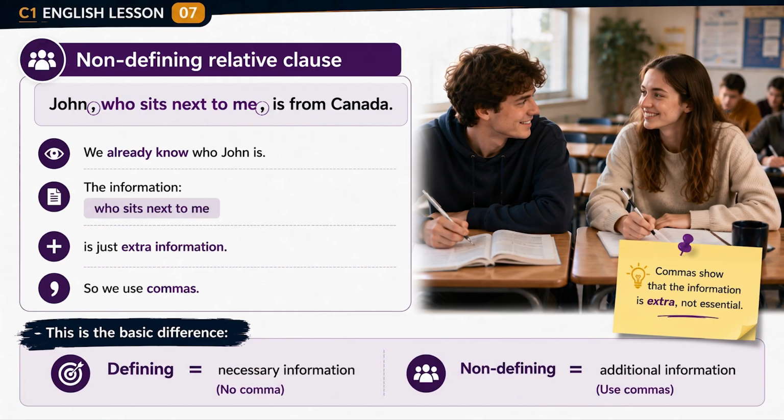You don't necessarily need to mention that relative clause here, because you're talking about a person whom you and your friend or your listener already know. The information "who sits next to me" is just extra information, so we use commas. As a result, it is called non-defining relative clause.